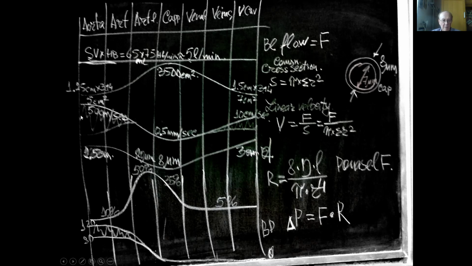First of all, the pumping out of the blood. This is the heart work, the main reason. Then the common cross-section, which increases little by little, and the vascular resistance. They influence the linear velocity and the blood pressure.